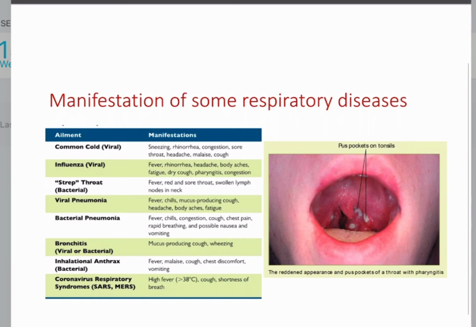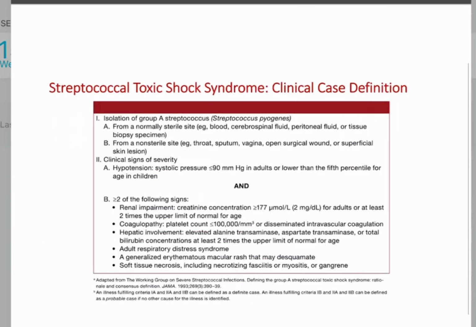That should not happen. Then there are defined criteria for streptococcal toxic shock syndrome, again, as we have seen with rheumatic fever. Here, what is important is that you need to isolate the bacteria, isolate the group A streptococcus from the patient sample.